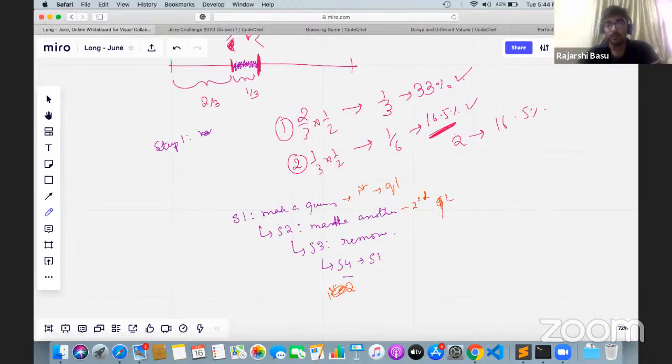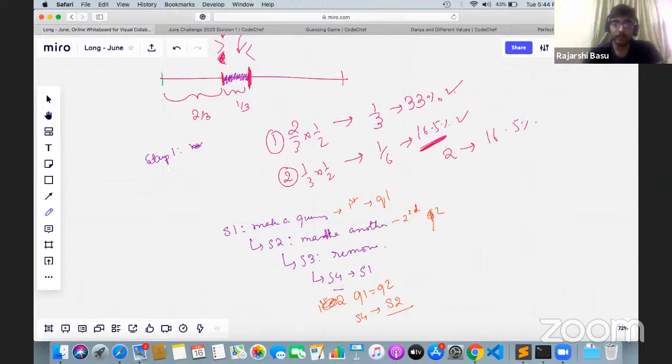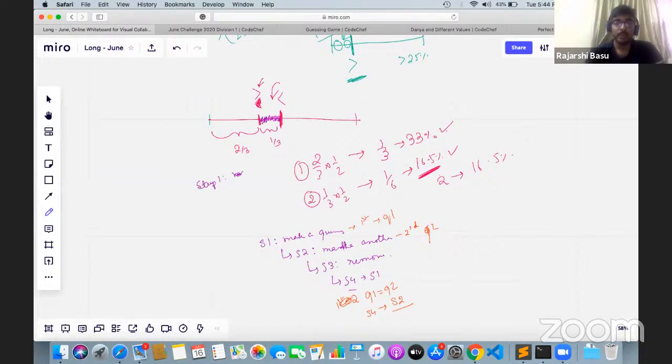Now what you do is you set Q1 equal to Q2, and then at step four, you go back to step 2. So what I'm trying to say here is, instead of starting all over again, you utilize this last query that you make. Okay. Now, why is this good?